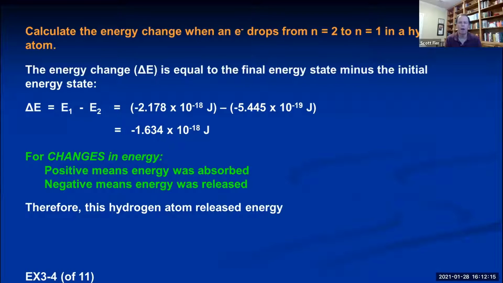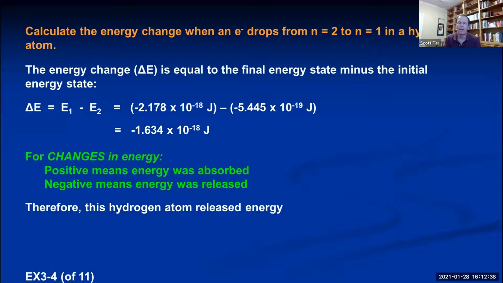How do I make you jump off the ground? I hit you with a pitchfork in the behind, right? And that gives you energy to make you jump up. So if you want to go from the first to the second, that would absorb energy. So that change would be a positive number. But anytime you drop from a high Bohr orbit to a low Bohr orbit, you're becoming more stable, you release energy. That's why this number is negative, okay?